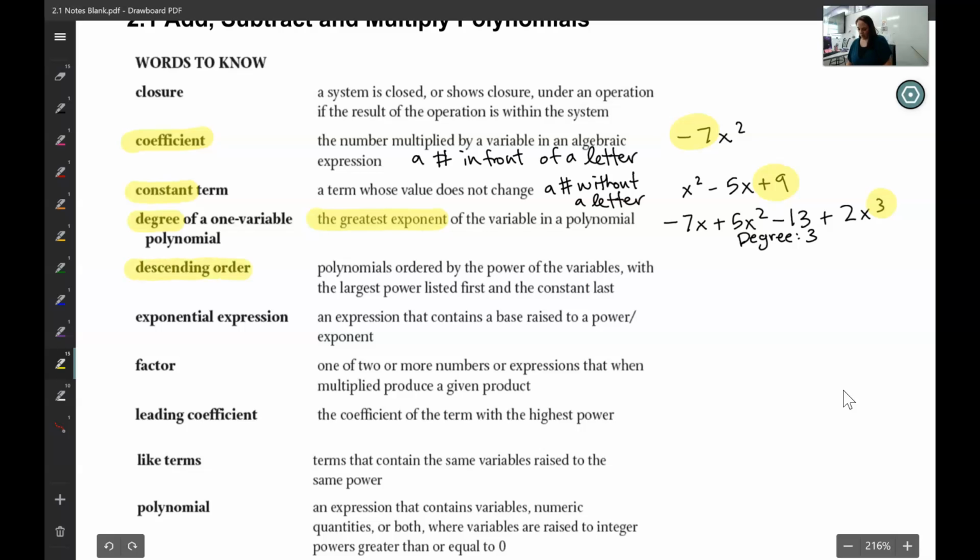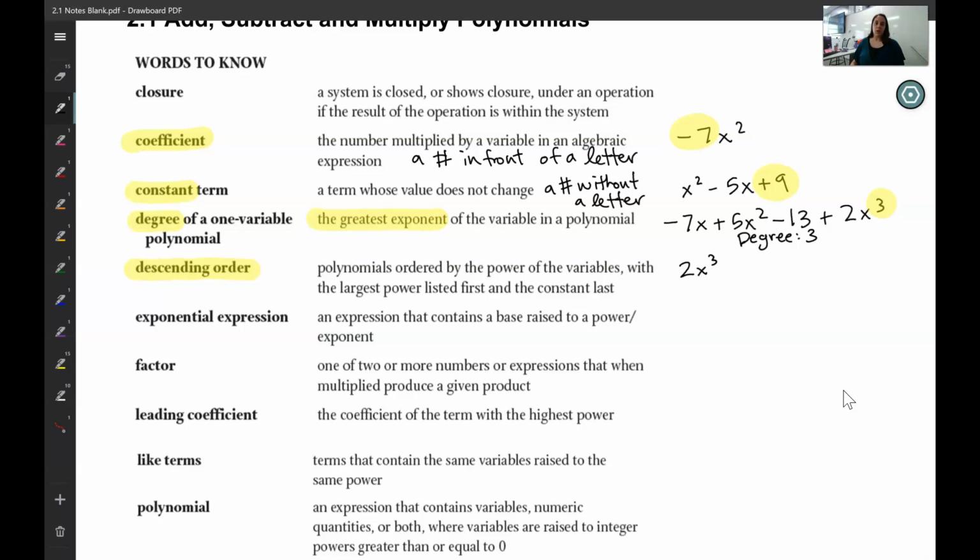Next, descending order. This is called a math convention, meaning it's something that if you're super picky you should do. Why? No one really knows. We just set a rule forever ago, this is how you should do it. So a bunch of mathematicians said, you know what, let's write polynomials in descending order, meaning we take the exponents from greatest to least. So if I took that one from before, the biggest exponent was the 2x cubed.